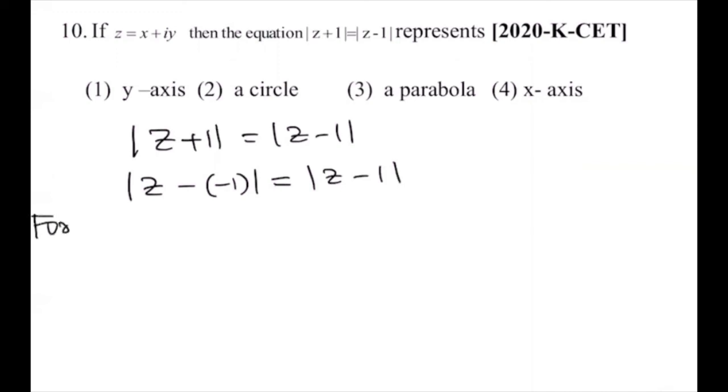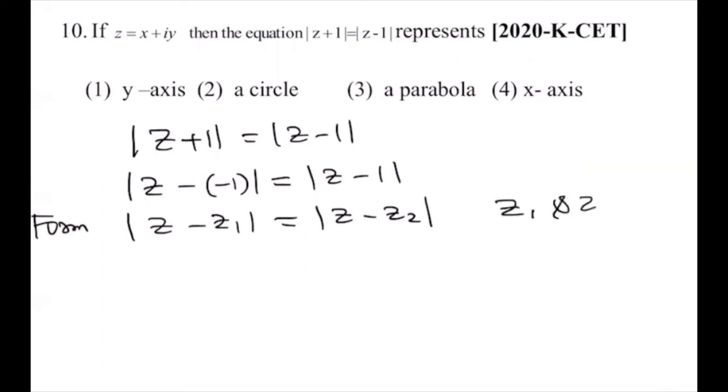This is of the form modulus of z minus z1 equal to modulus of z minus z2. So this represents the perpendicular bisector of the line segment joining the points representing the complex numbers z1 and z2. So the two points are: z1 corresponds to minus 1 comma 0, and z2 corresponds to 1 comma 0.